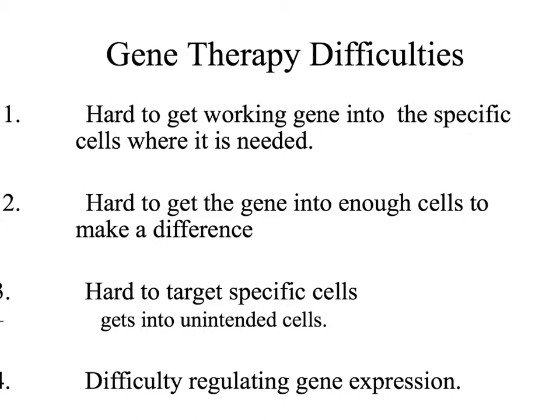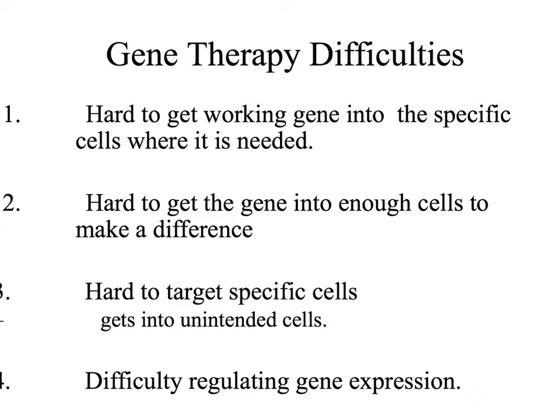This process is very complicated, and often we wind up with genes going in the wrong direction. Second reason is it's hard to get a gene into enough cells to make a difference. If only a few cells receive the functional gene, you may not make enough product to actually make a difference in your body. The third reason is it's hard to target specific cells.